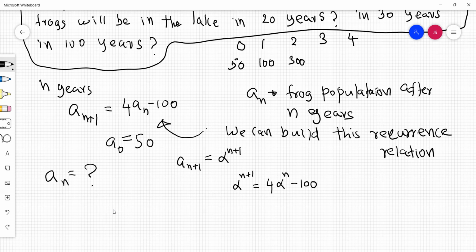No. It is first order. Why do you say first order? Because a_{n+1} minus a_n. Is this a linear one? It's not linear. Actually, it is not a linear one, right?